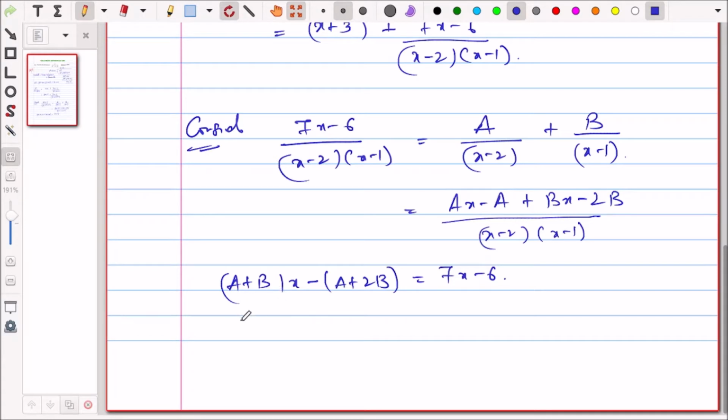From here you get a plus b equal to 7 and a plus 2b equal to 6. Oh sorry, 6. If you subtract this one from this one, you get b equal to minus 1 and then a equal to 8, right?